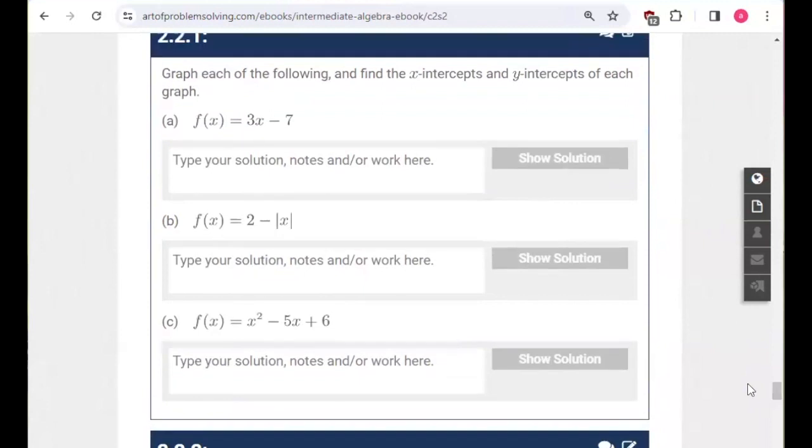Emily, let's start with the homework. Graph each of the following and then find the x-intercept and the y-intercept of each. Give me one sec. I'm going to put my line down, because then I can keep myself a little bit more organized.